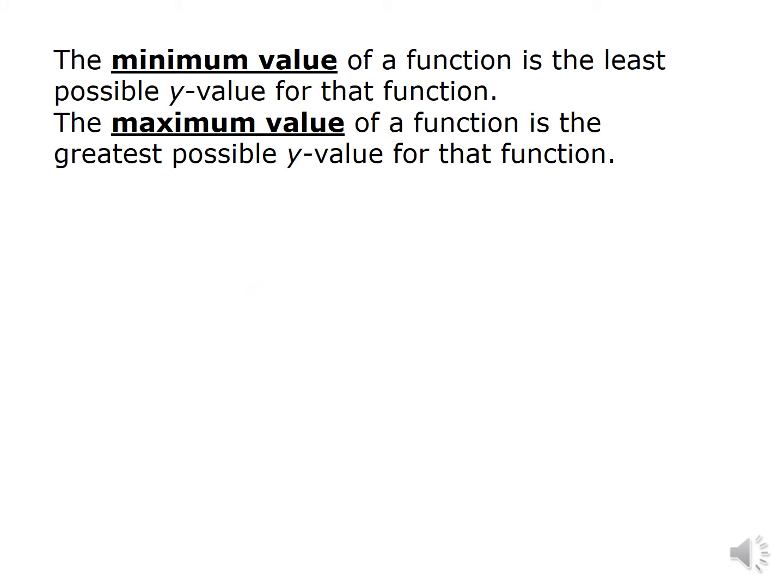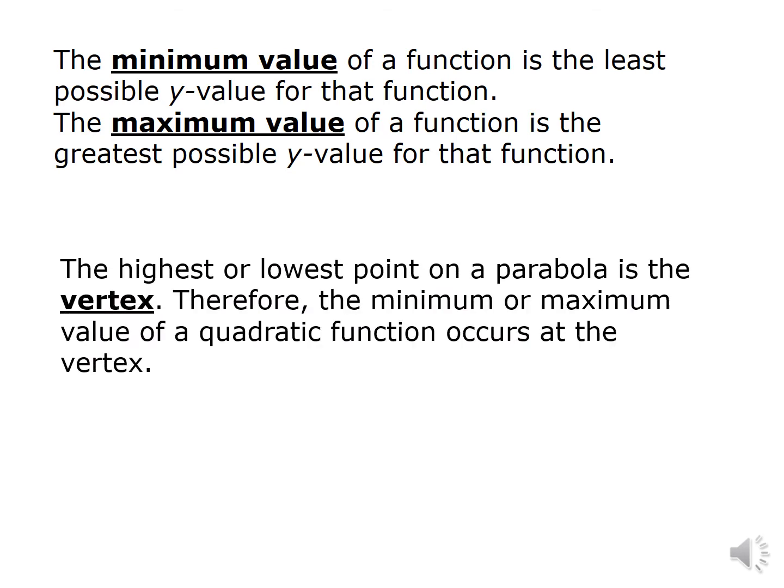Okay, the minimum value of a function is the least possible y value for that function. The maximum value of a function is the greatest possible y value for that function. The highest or lowest point on a parabola is the vertex. Therefore, the minimum or maximum is at the vertex.